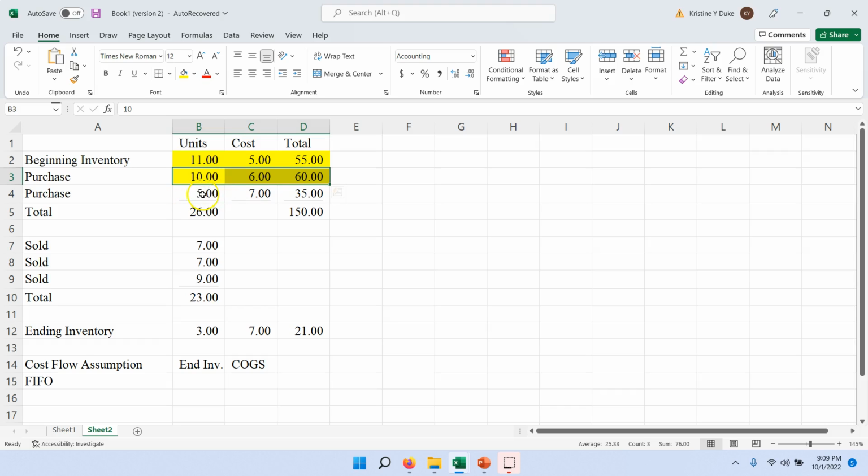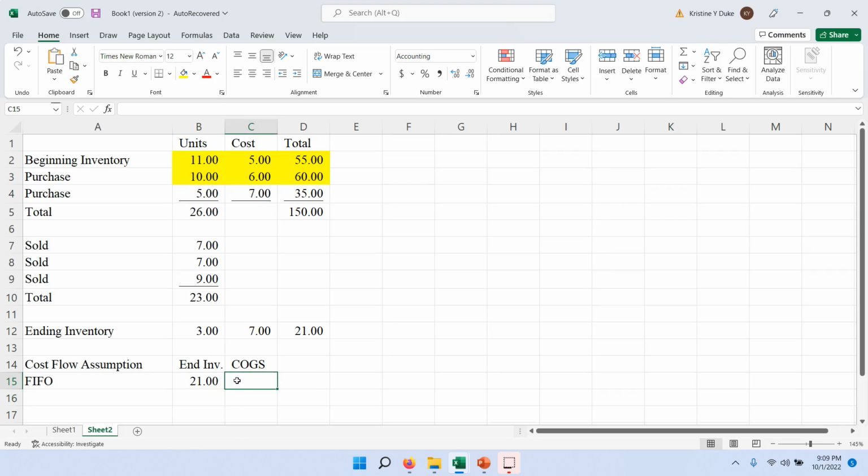And then finally, when I'm looking at this 21, I have 2 more units to account for. So I'm going to take it out of that last one. So my ending inventory is going to be 3 times 7. And I know I made this very simple because I like to be simple.